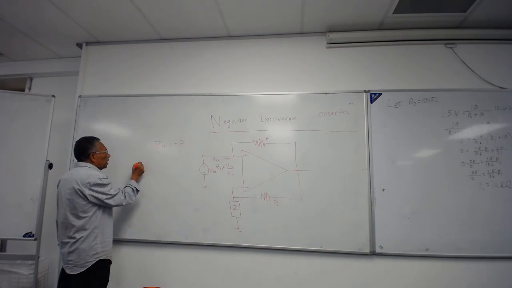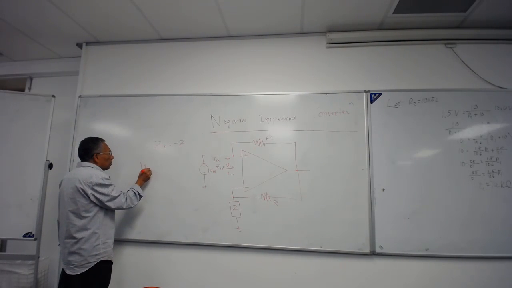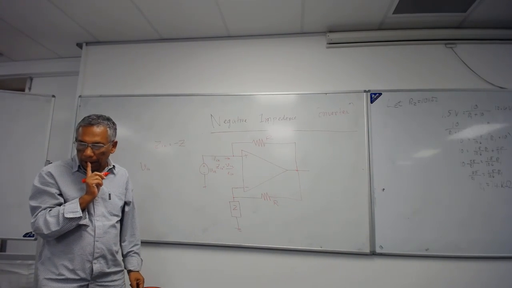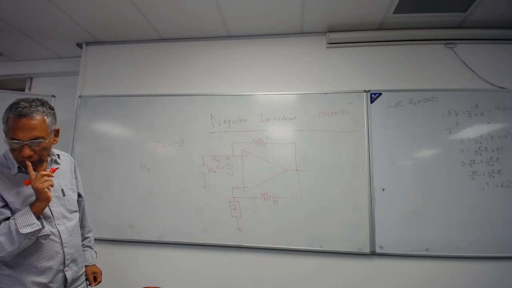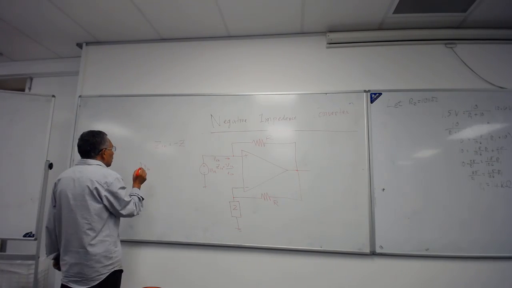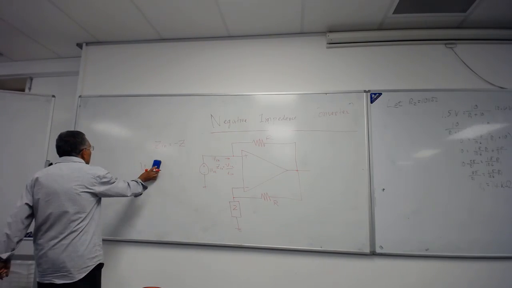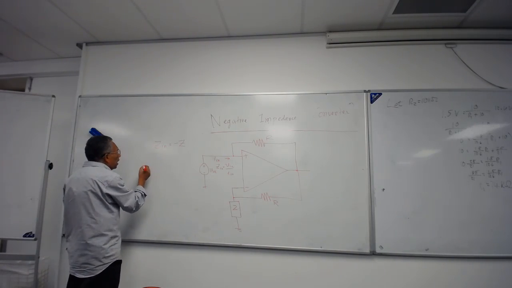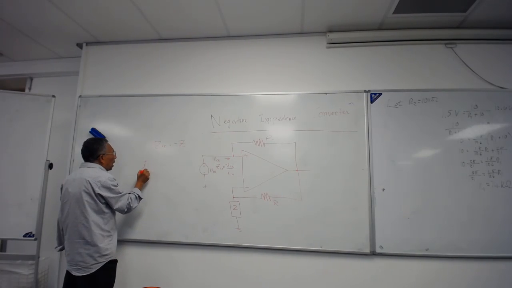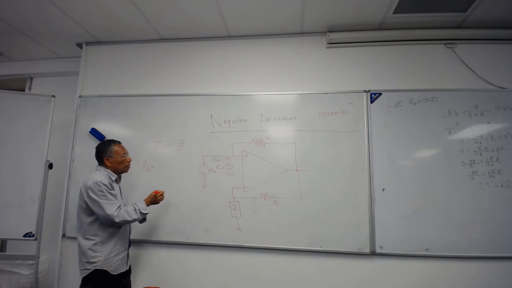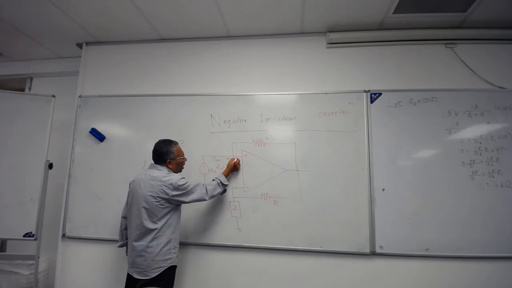So V in minus V out. Okay. Sorry, I in. What is the current I in? I in is what? This current. So this is the op-amp. Is there any current flowing here?